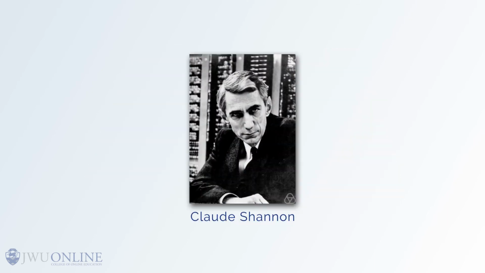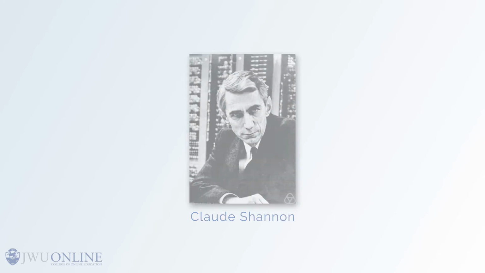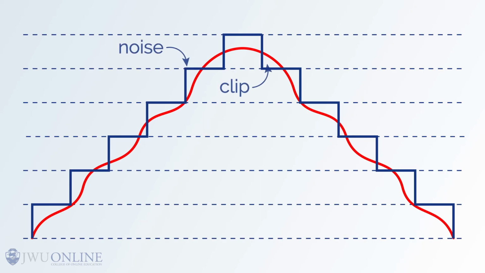Now, Claude Shannon was a co-worker of Nyquist, and he was looking to take this theory to the next level. In a lab, Shannon observed that the amount of clipping and noise introduced through the digitization process could be reduced if they were using a more discriminating receiver. What is that, you ask?